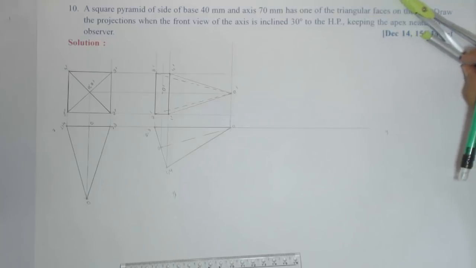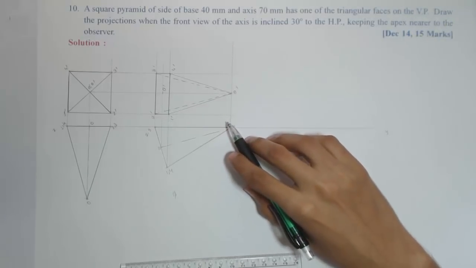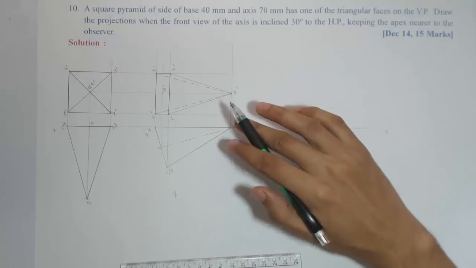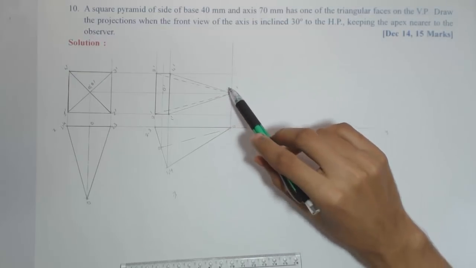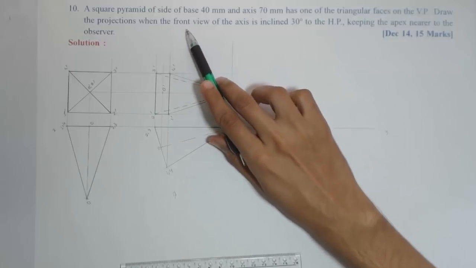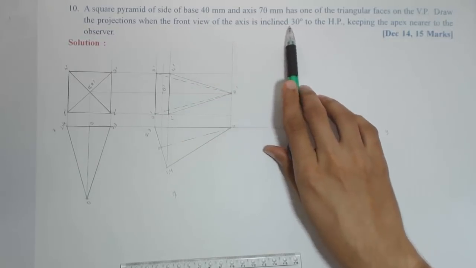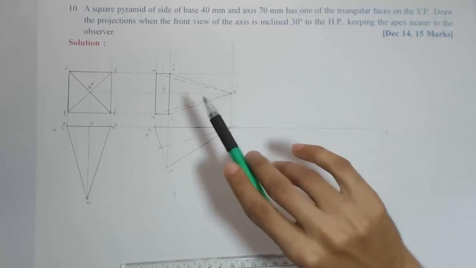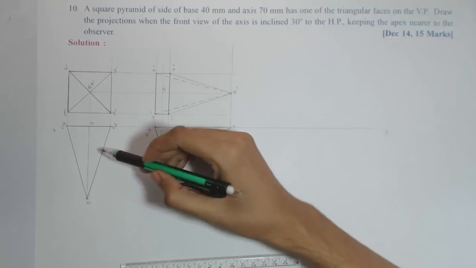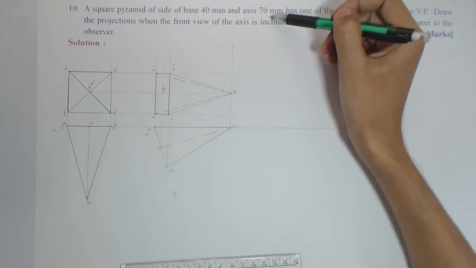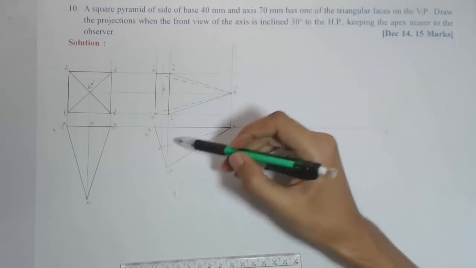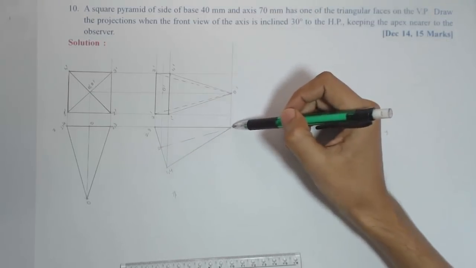In third stage, now we need the condition with the HP because we want to redraw the front view. Now the condition with the HP is given for when the front view of the axis is inclined at 30 degree to the HP. Now see here, the initial true length of the axis is OO, which was 70 mm, but here it is also 70 mm.